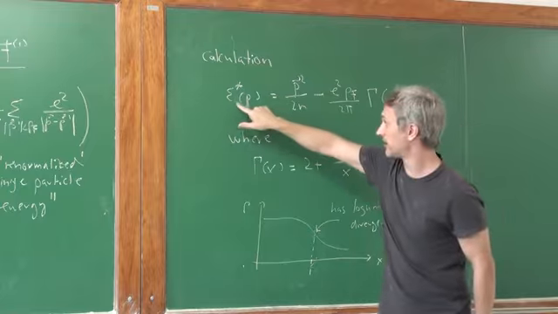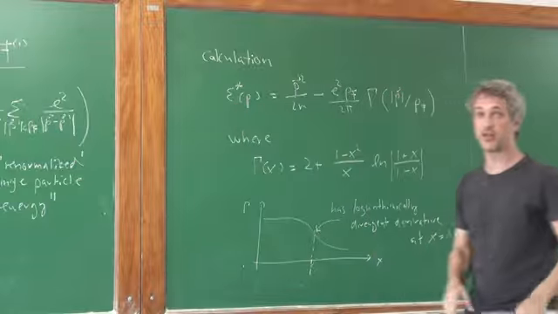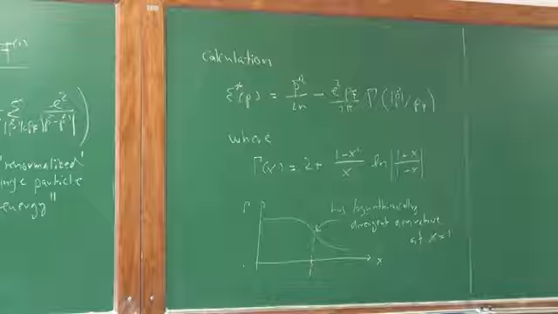Now this means that the derivative of the single particle energy has a divergence at the Fermi momentum. And this actually doesn't make a lot of sense, as can be illustrated, for example, with the density of states.